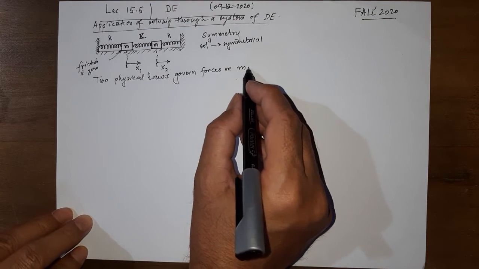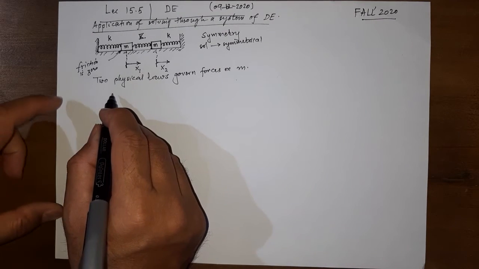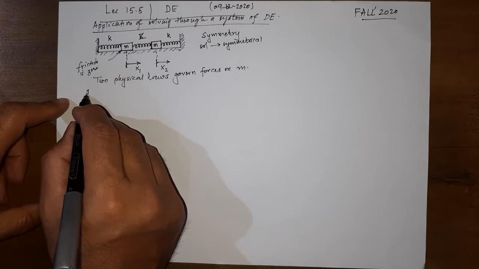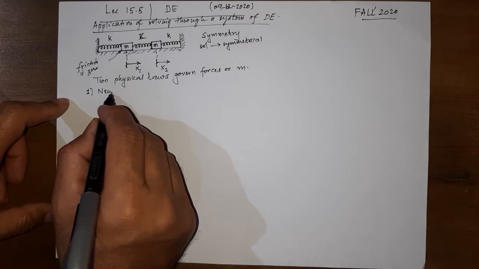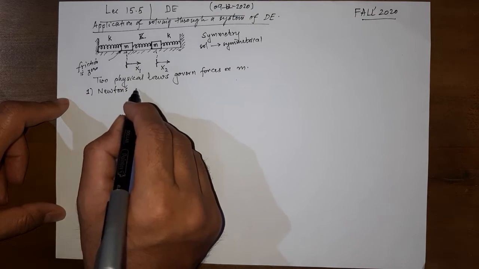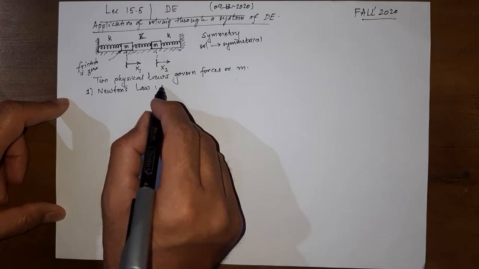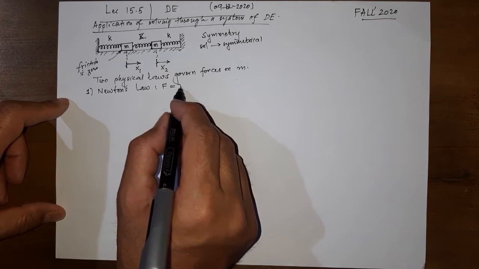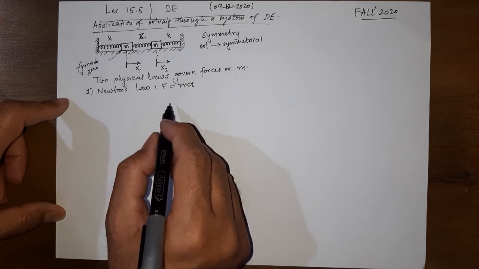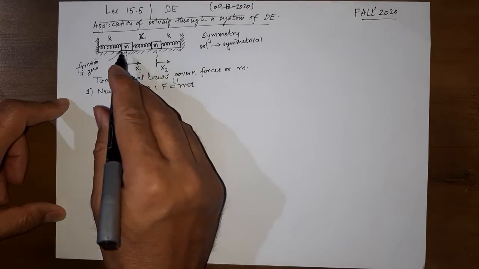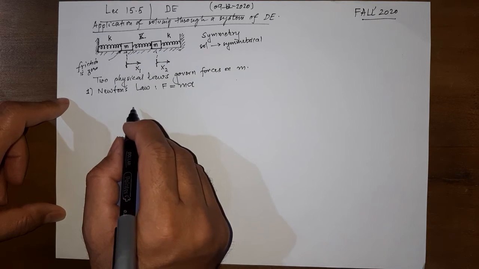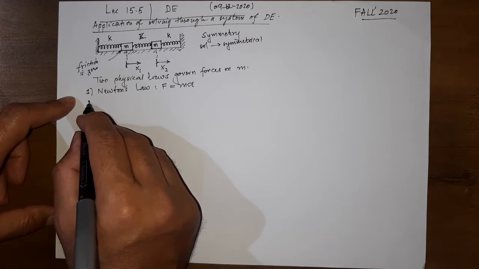Here we have two m's. One of the laws that you understand is Newton's law, that says that a force on something because of motion is F = ma, because masses will be moving, so F = ma would be in action.